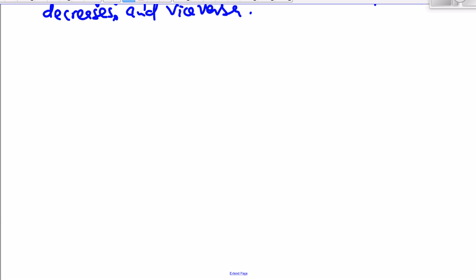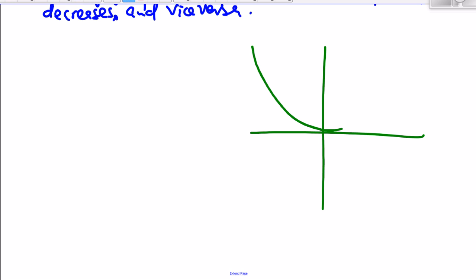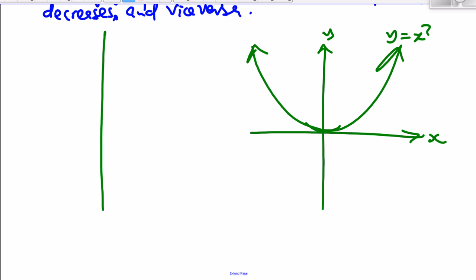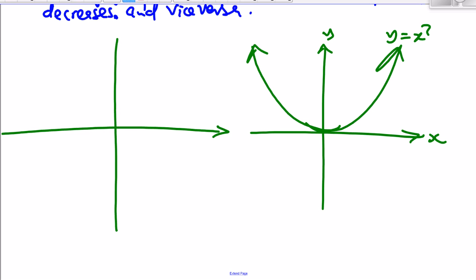So here I'll have the graph of y is equals to x squared, just a sketch, touches the x-axis there, y and x. And here I'll have what I need, which is the graph of y is equals to 1 over x squared.